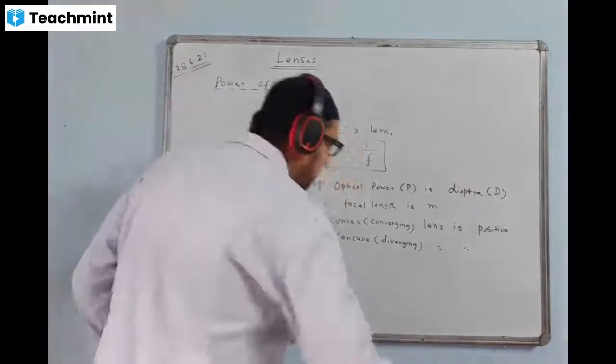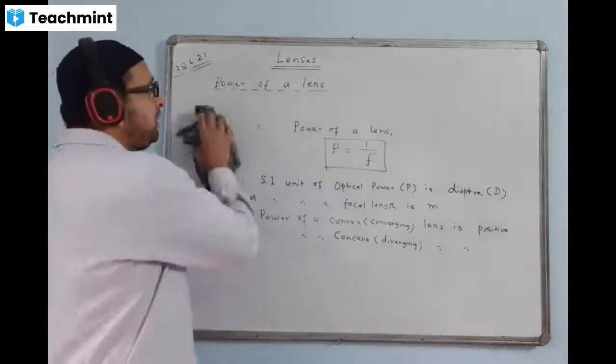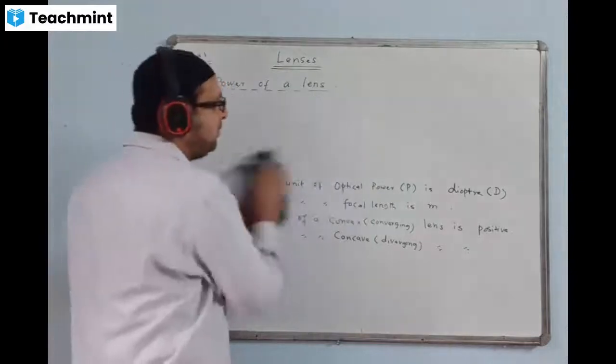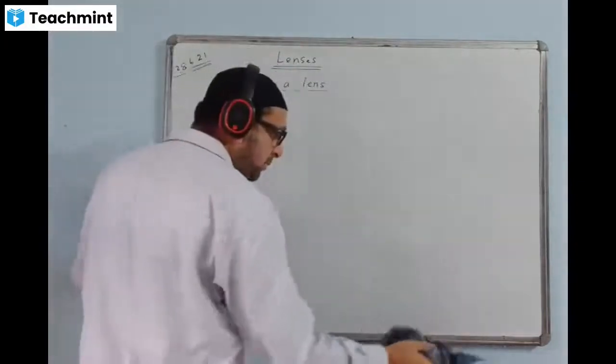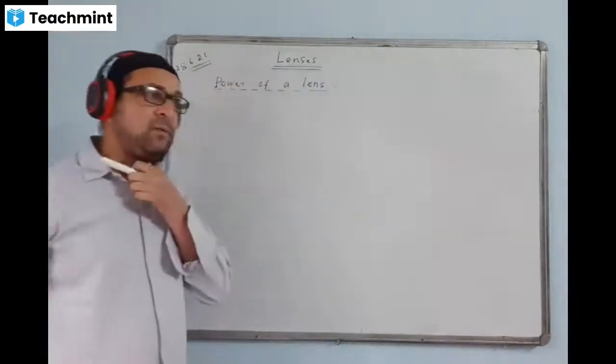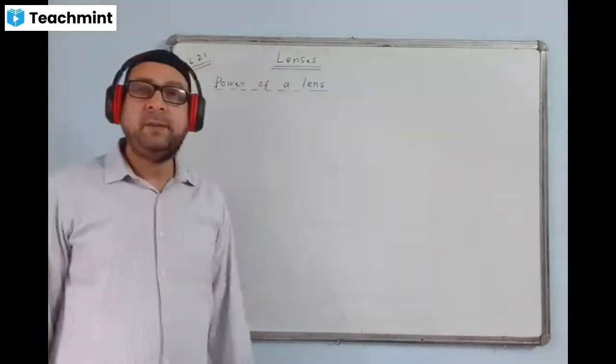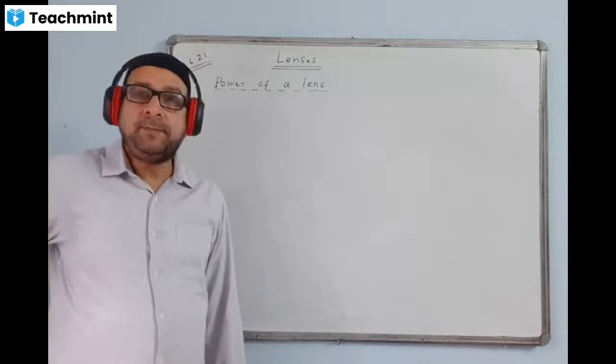Don't disturb now, please. Now we are doing some short problems on the power of a lens. Problems are quite simple and easy, but we have to use the formula and you have to be very careful about the unit. Write a question.